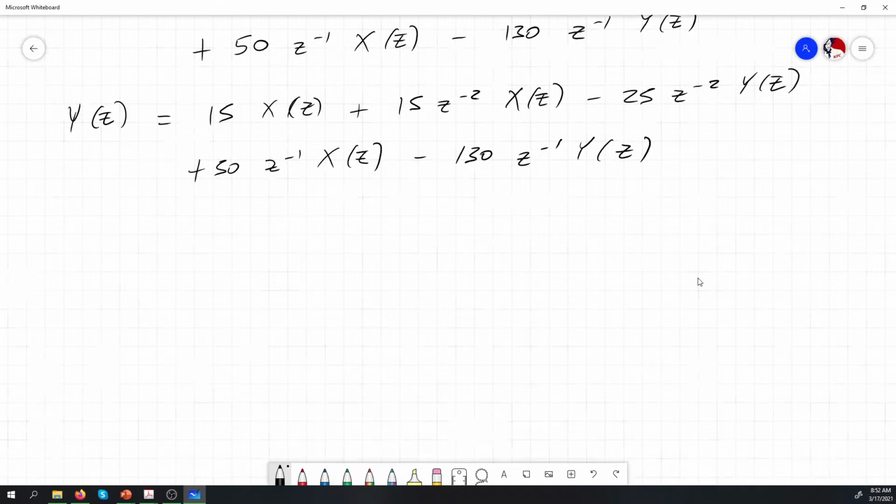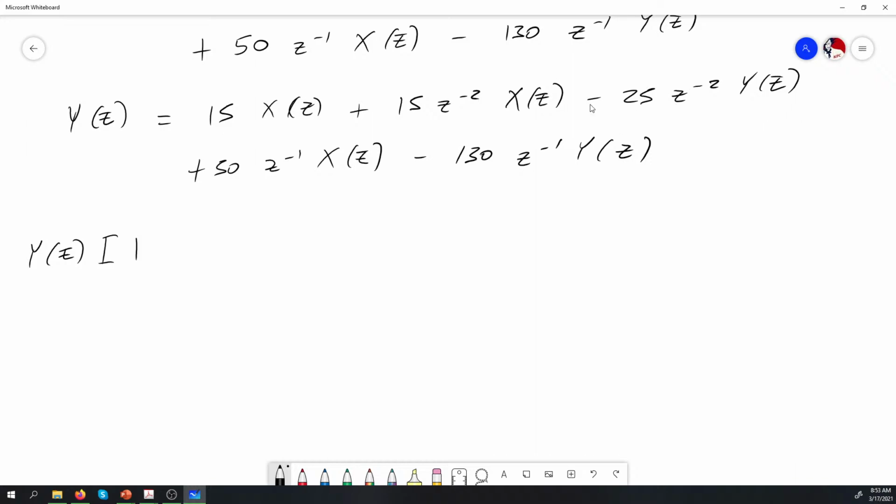Right, let's carry all the y of z's onto the left hand side and put all the x of z's onto the right hand side, and have y of z here into 1. So add this 1 here for that. This here is going to be plus 25 z to the -2. And then we had negative 130 z to the -1 here, so that's going to be positive 130 z to the -1.